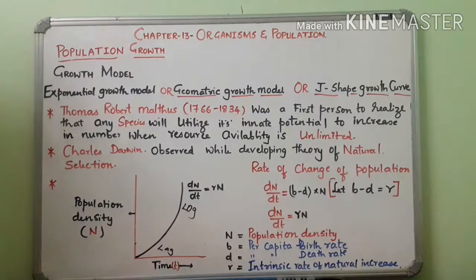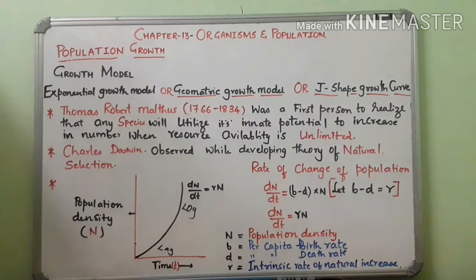And how many offspring it produces: when it reproduces, it may produce only one offspring, two offsprings, or many. Based on that, the population of an organism at a given period of time is predicted.